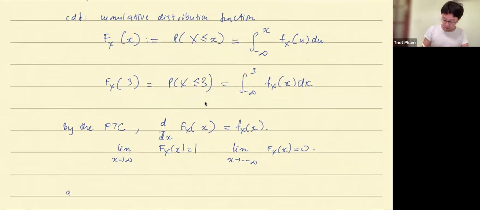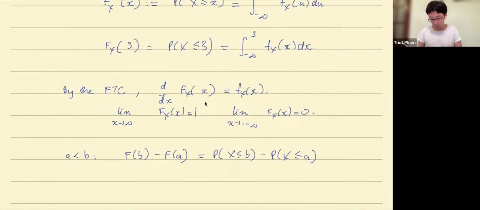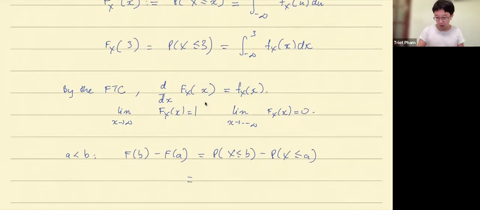Moreover, if you have a less than b, then F of b minus F of a represents what? This is the probability x is less than or equal to b minus the probability x is less than or equal to a. You can already do this from chapter 1 or 2, but to be more clear, you can represent it as a PDF integral.